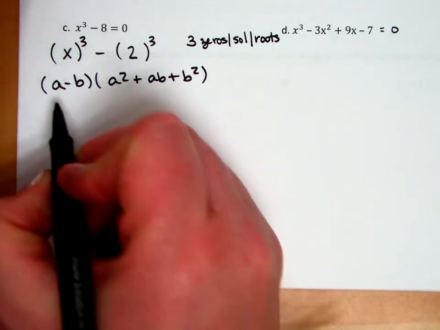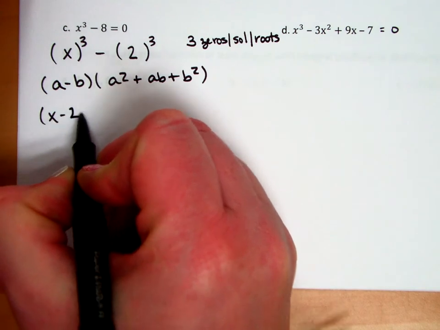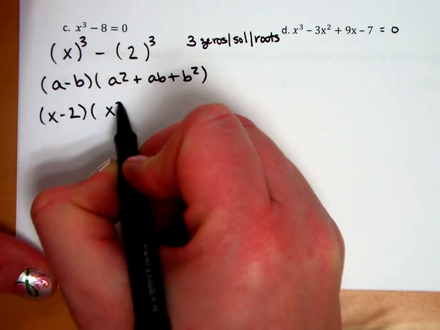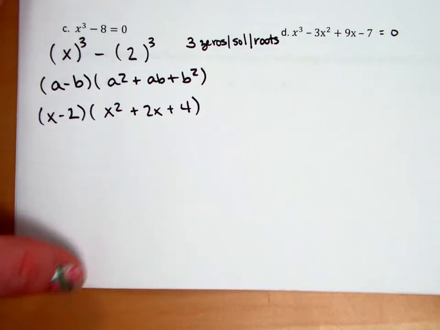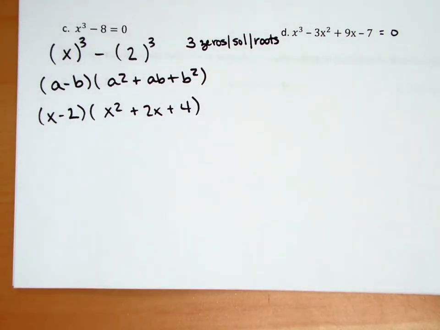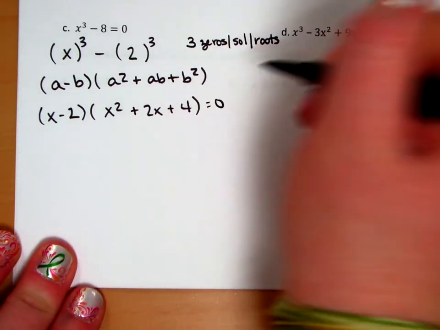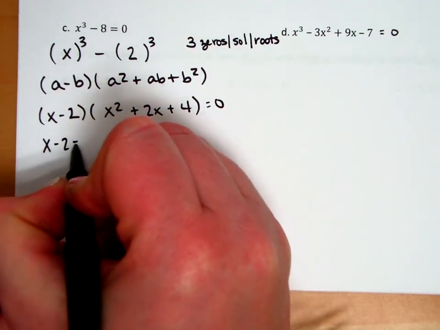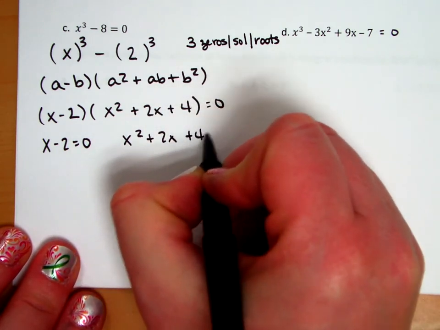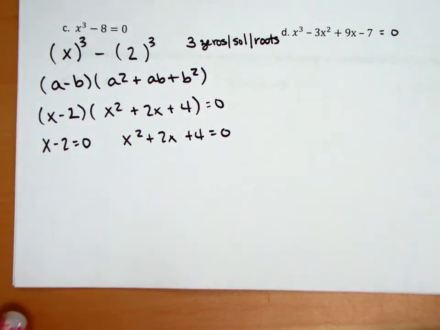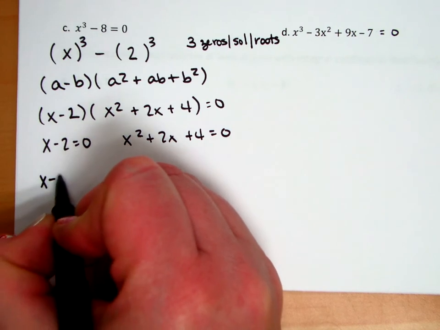So this would be x minus 2, x squared plus 2x plus 4. There are no factors of 4 that add up to be 2, so what you have to do is set these equal to 0, I apologize. X minus 2 equals 0, and x squared plus 2x plus 4 equals 0. The first one's pretty easy, just x equals 2.